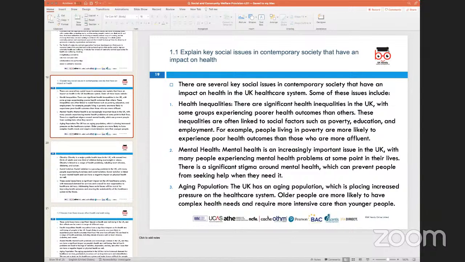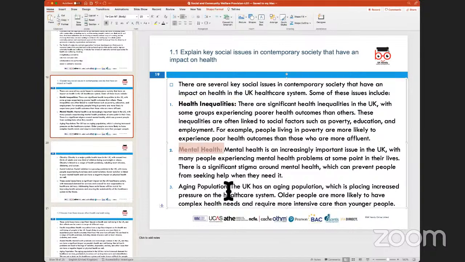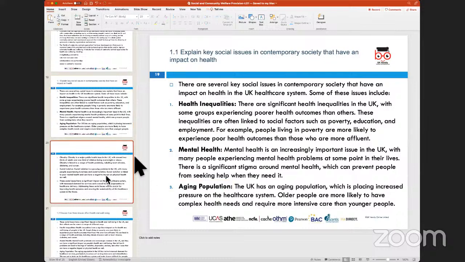Now, the first one talks about explaining key social issues, contemporary issues within the society, which are impacting healthcare and the delivery of healthcare services to members of the public within our community. So the first one we talk about is healthcare inequalities. We talk about mental health, the aging population.